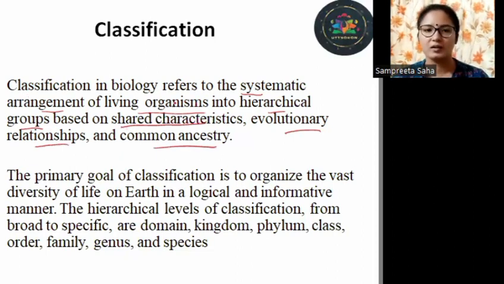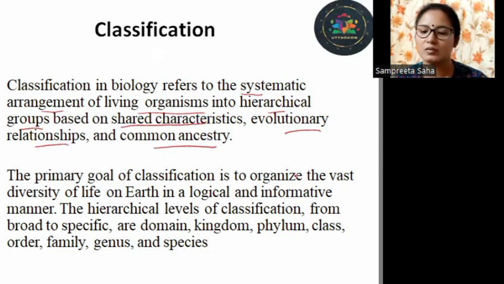So when two animals are put together in a group, you can say that they share some common characteristics, they probably share an ancestry, and they have some similarity in evolutionary development. So that is the meaning of the term classification.